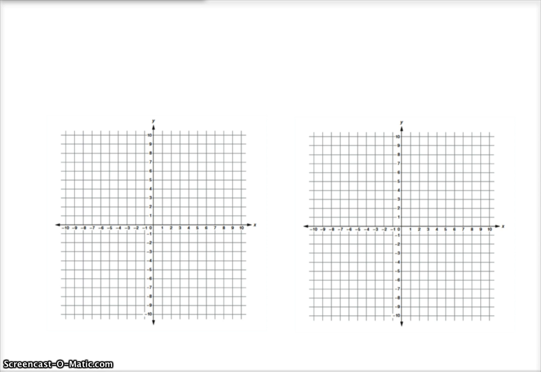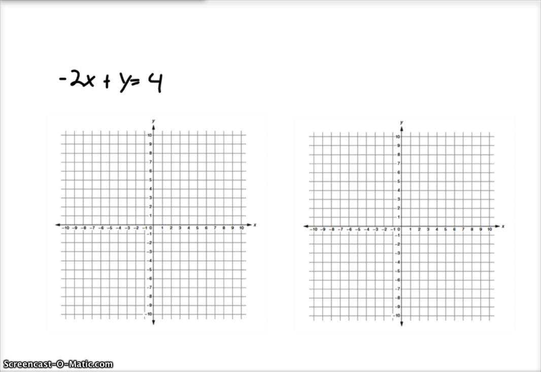Now we're going to look at graphing. What do we do with graphing our data? Turn your page to page 412. The example they give us on the page is negative 2x plus y equals 4.